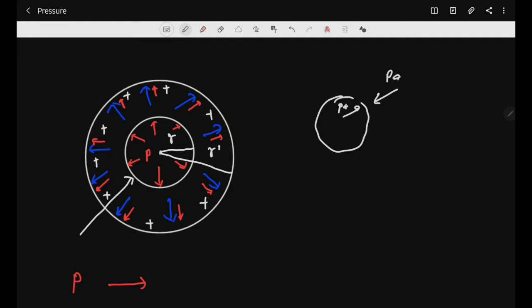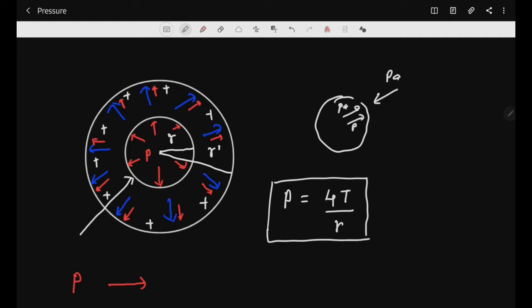This atmospheric pressure will cancel out, but inside there will also be some additional pressure which is creating this bubble. This pressure is called the excess pressure, and it is given by 4 times the surface tension divided by the radius. Excess pressure is given by this equation.